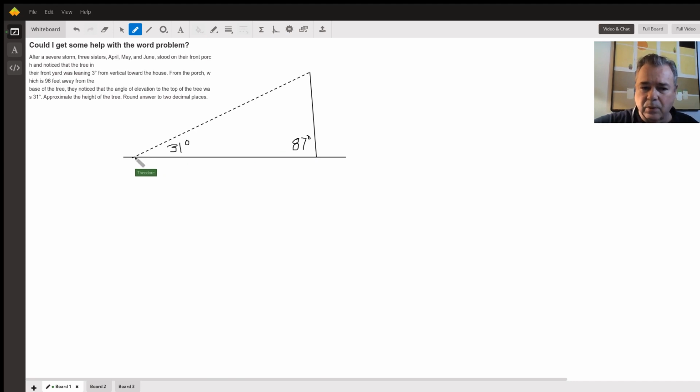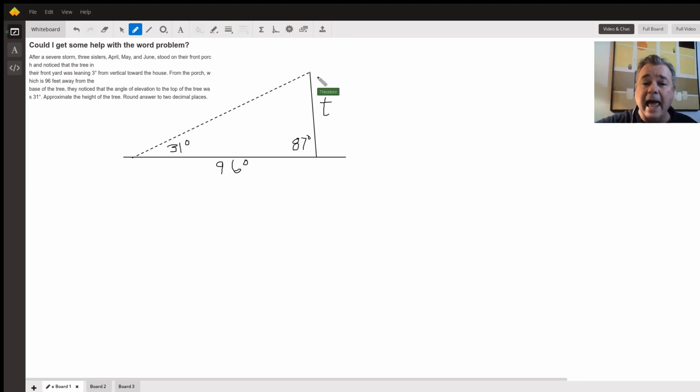And from this porch to the base of the tree is 96 feet. So what we want to determine is the length of this side of the triangle, which is the height of the tree. Now, if the tree were completely vertical, it would be a much simpler problem to solve.